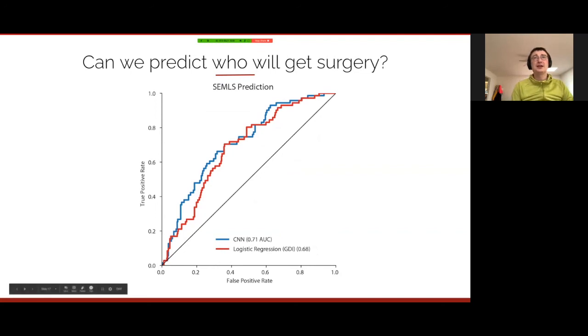And we see that the AUC, which is a metric for measuring performance of those binary models, is reasonably good. So it's 0.71, showing that there is some signal in the video saying whether a subject should get a surgery or not. So that's not a production ready model yet, but it shows that there's a meaningful direction to follow.